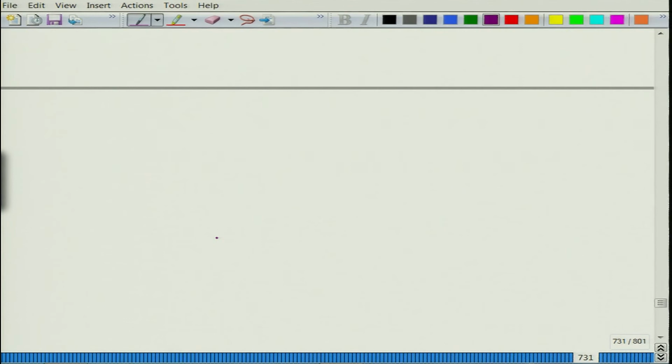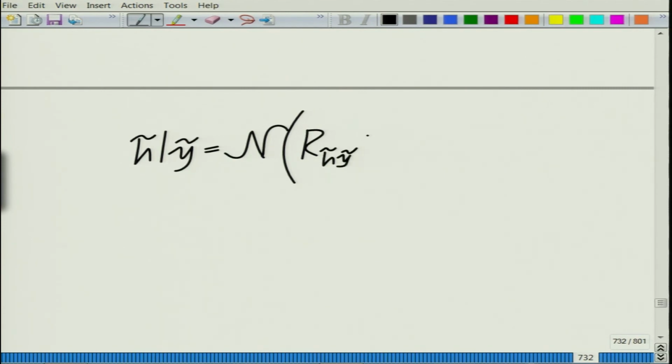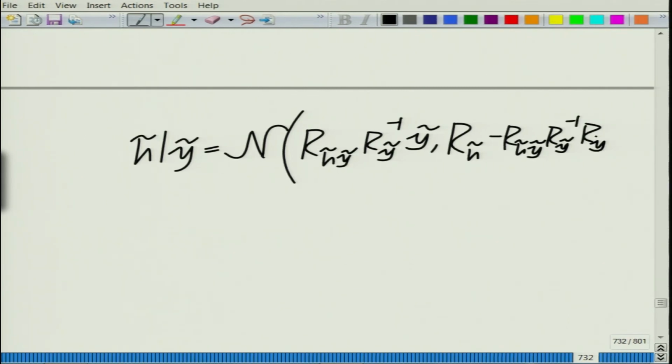And now you put these things together, now you will have the conditional PDF of h tilde given y tilde. This is basically a Gaussian with mean R_h tilde y tilde into R_y tilde inverse into y tilde, and the conditional covariance, that is R_h tilde minus R_h tilde y tilde into R_y tilde inverse into R_y tilde h tilde.